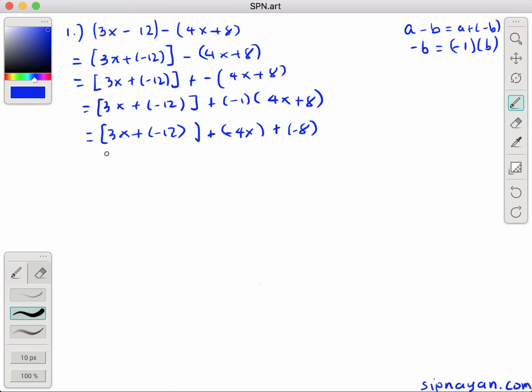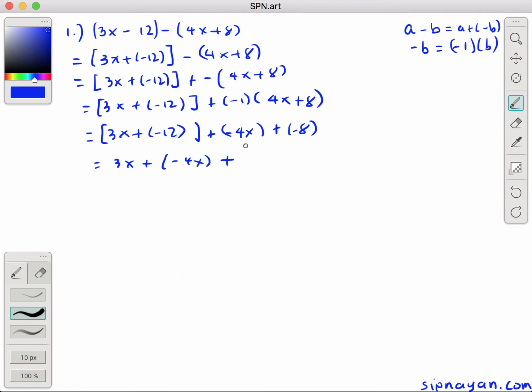So syempre pag addition na lahat, pwede nating pagtabihin yung similar terms. For example, 3x plus negative 4x. Tapos, pagtabihin din natin yung, actually we can group, but avoid na natin yung parentheses.